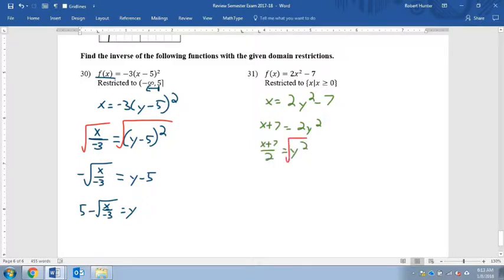Square root both sides, and I get the square root of x plus 7 over 2 equals y. Because I want greater than 0, I want 0 to the right, I will leave it positive. I don't need my negative. So that, ladies and gentlemen, is my answer.